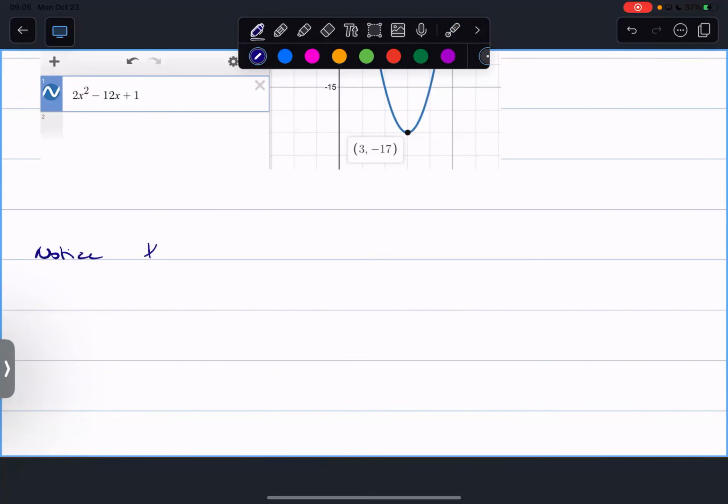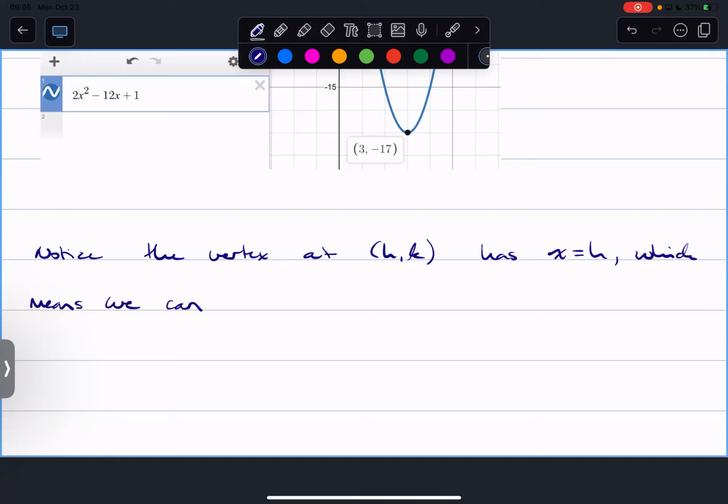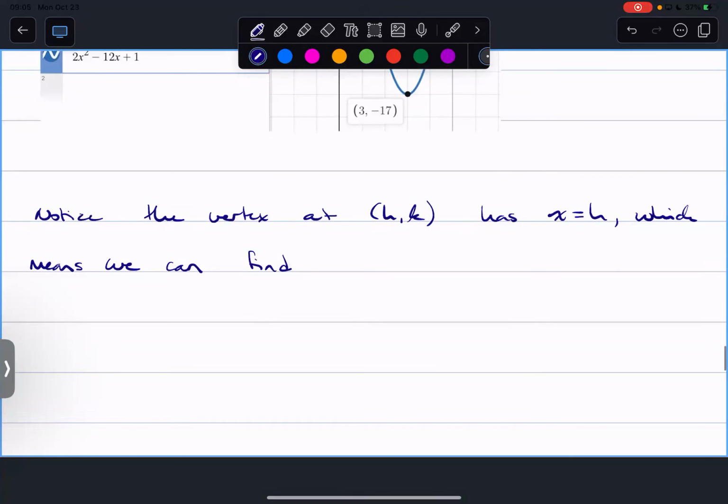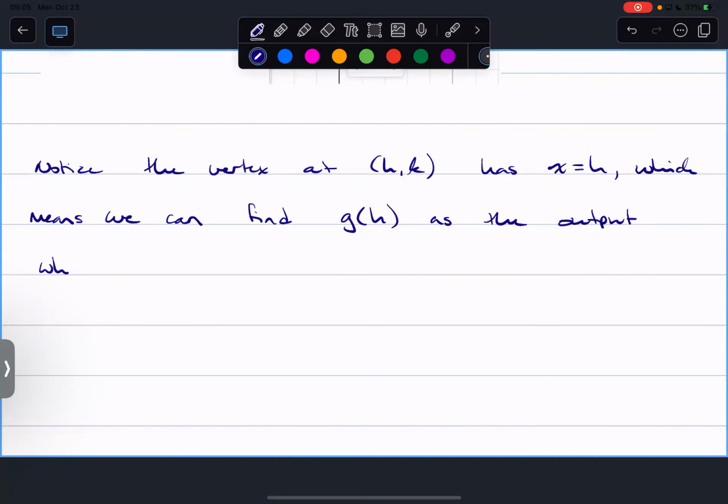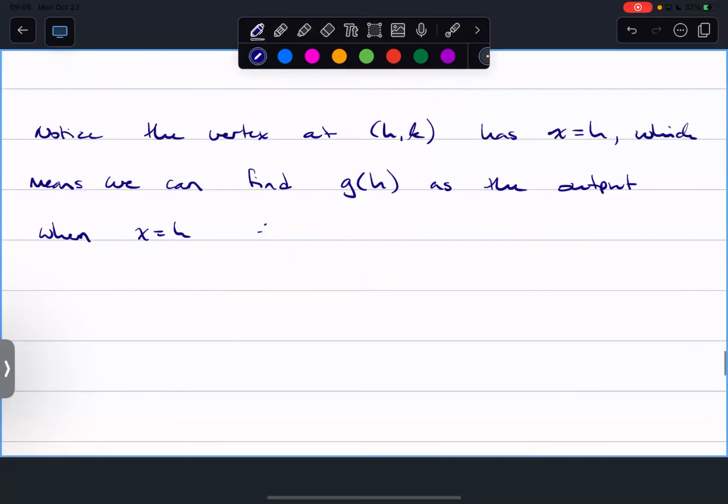Notice the vertex at HK has x equal to h, which means we can find g of h as the output when x is equal to h, which means that k is equal to g of h.